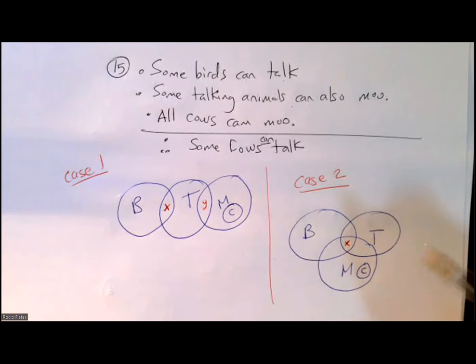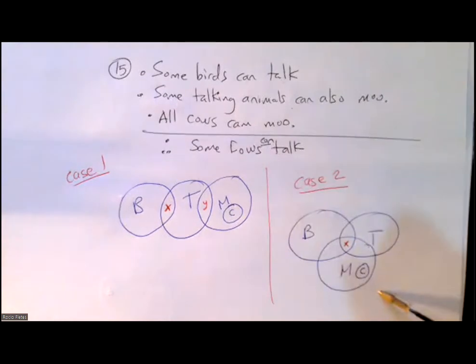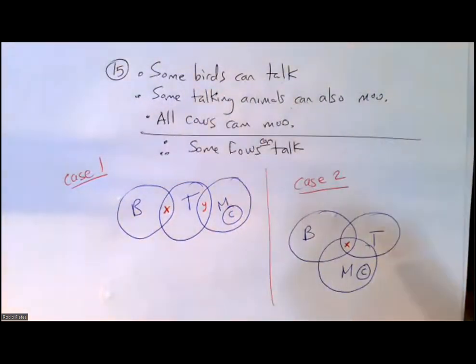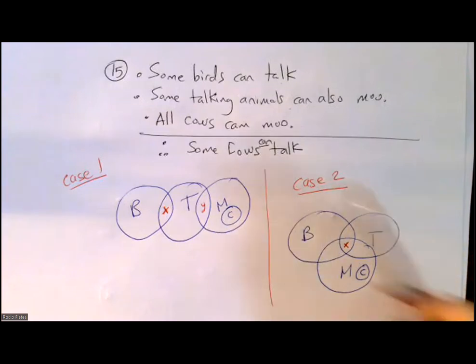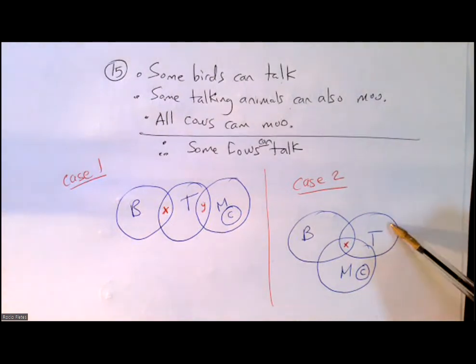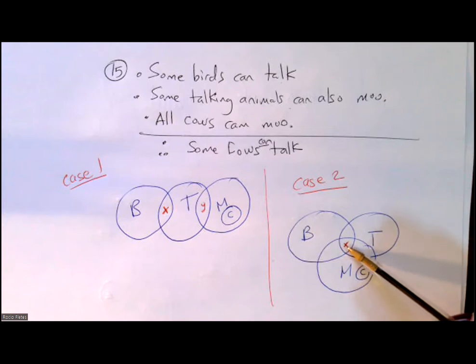So this is an invalid argument. I'm not really convinced that we can create this case here, because all we know is that some birds can talk. So I know that there's an overlap between B and T, and some talking animals can also move, so there's an overlap between M and T. But nowhere in the premises does it tell me that some birds move.